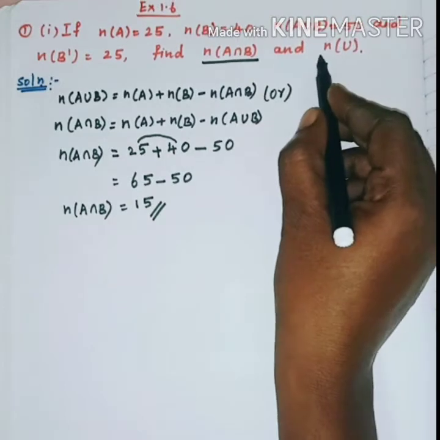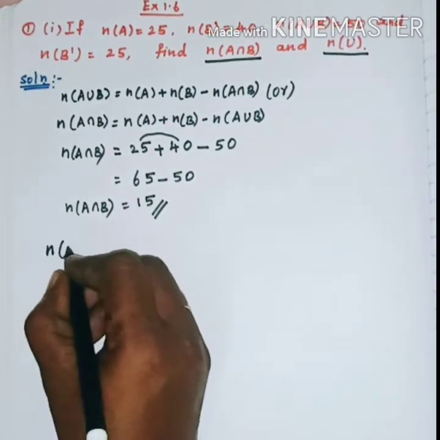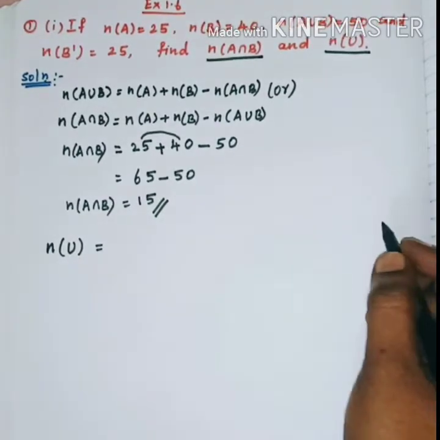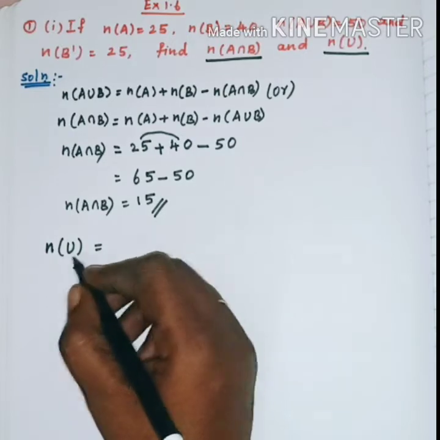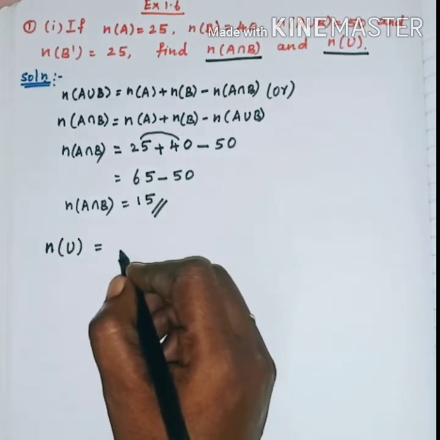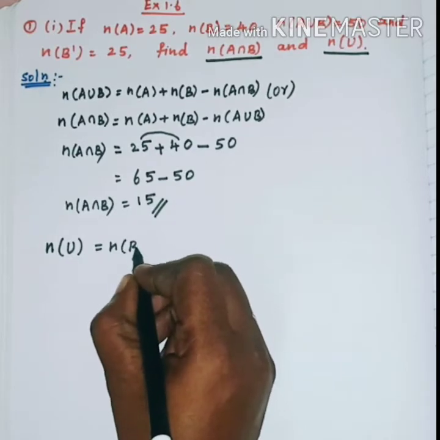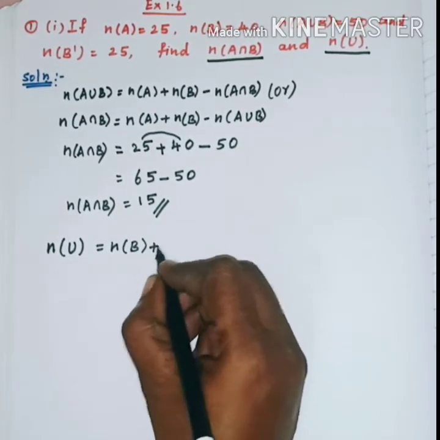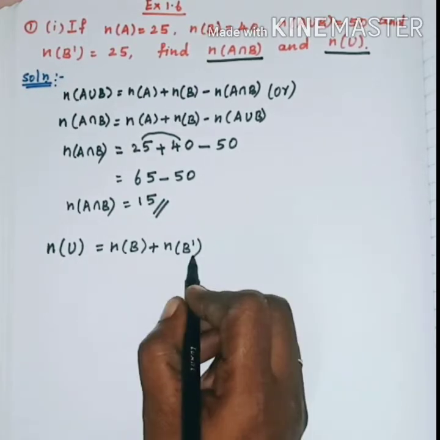Next we have to find n of U. So n of U is equal to, what are the formulas? We have two results for n of U. N of U is equal to n of A plus n of A dash, or we use n of U is equal to n of B plus n of B dash. Why are we using this result here?